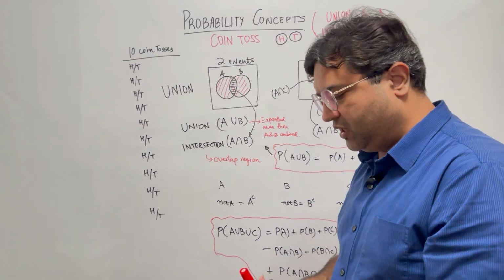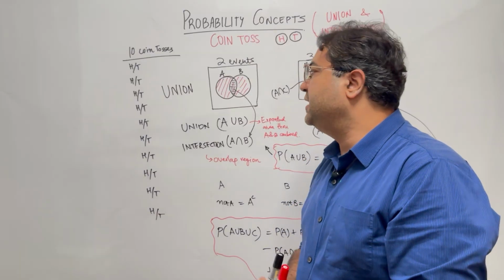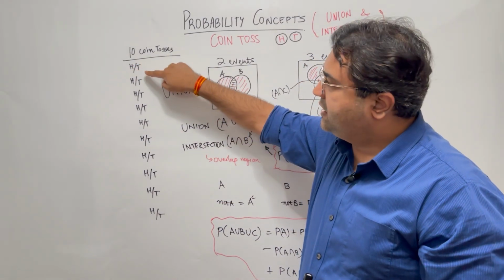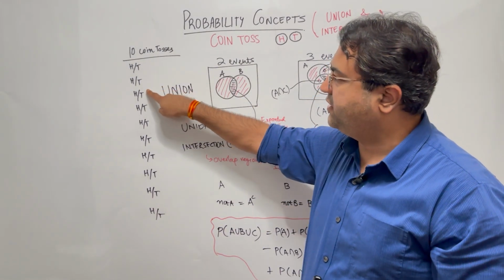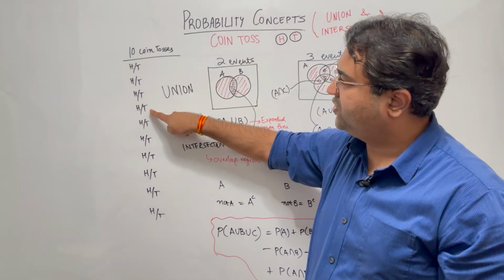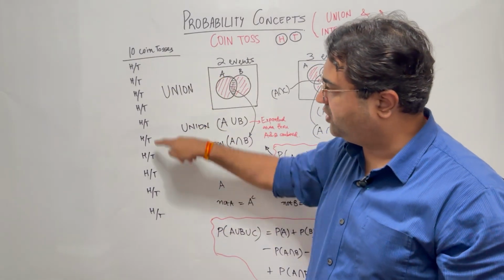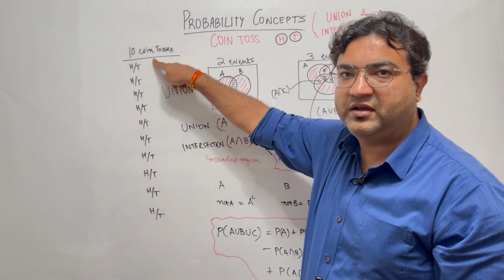Okay. So one way that we can start doing this is we say that we get one head here and all the others are tails, or we get one head here and all the others are tails, and so on for each position.